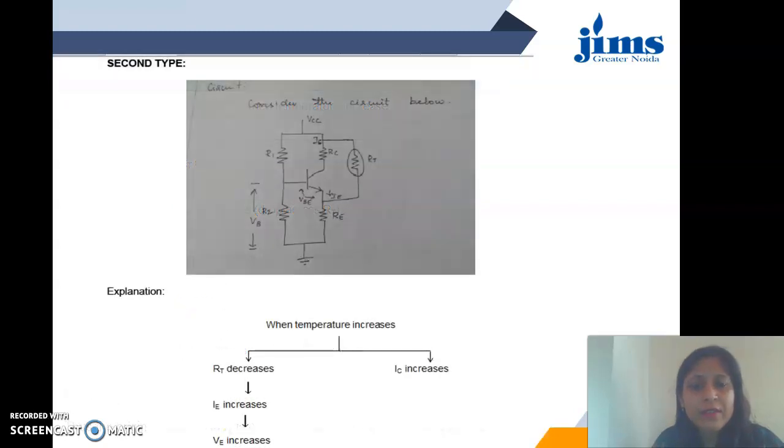Next method is by connecting the thermistor between collector and emitter as shown in this circuit. And here also, as the temperature increases, resistance decreases because of the property of thermistor.